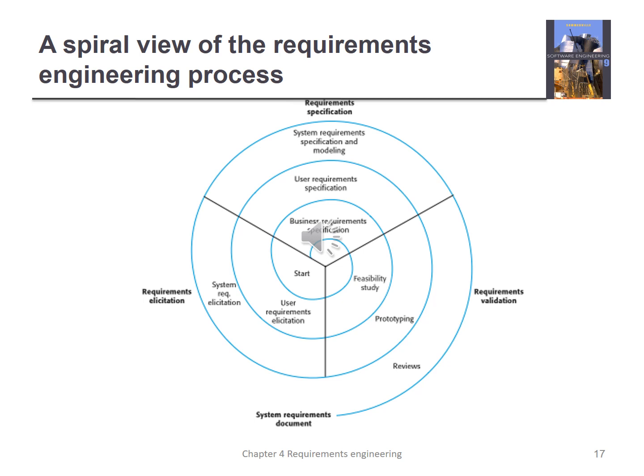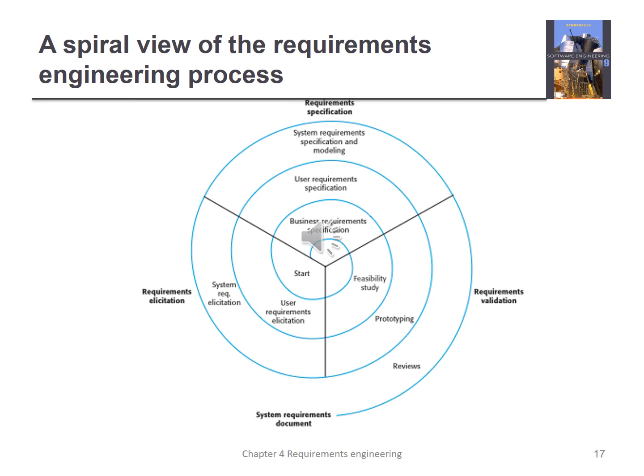Then after we find out exactly what we want through the prototyping and everything is clear, we create the system requirement elicitation. With the system requirement elicitation, we specify it: system requirement specification and modeling. We put some models to it. Then after that, we go down to review it, and we go to the system requirement document.